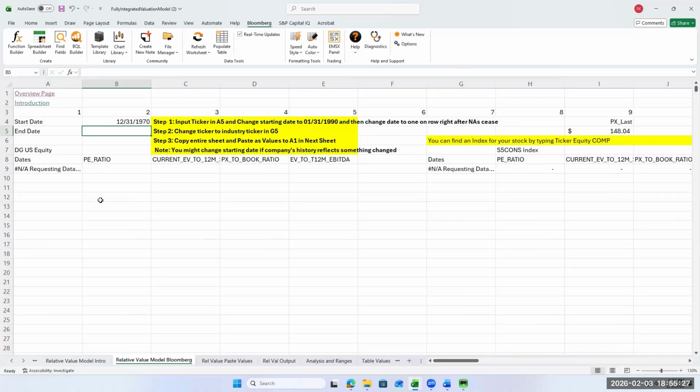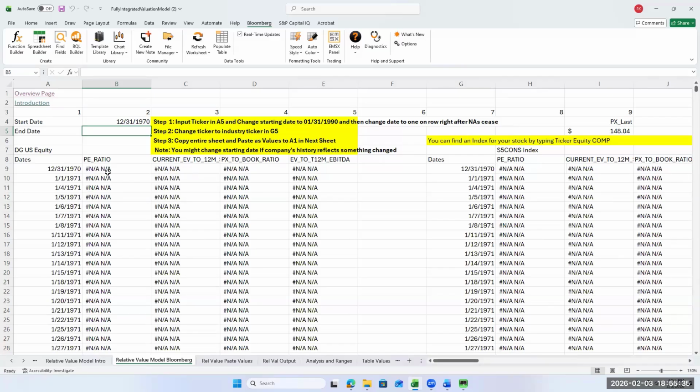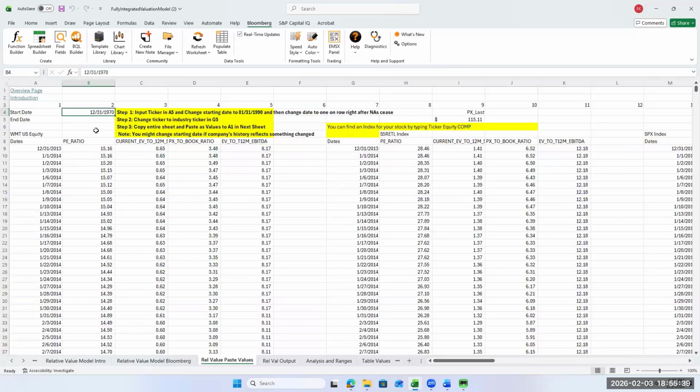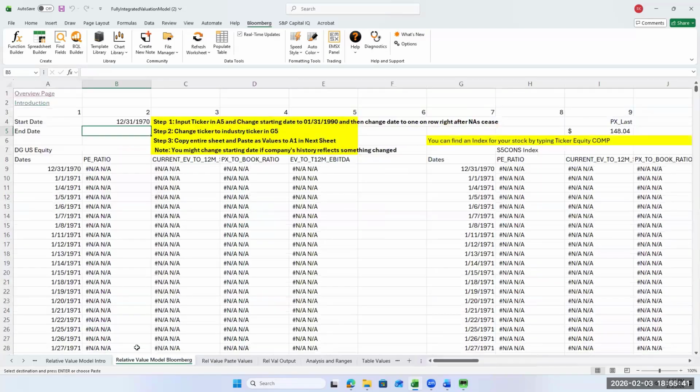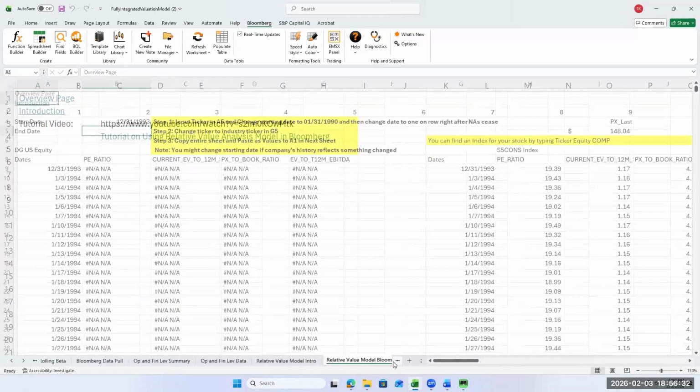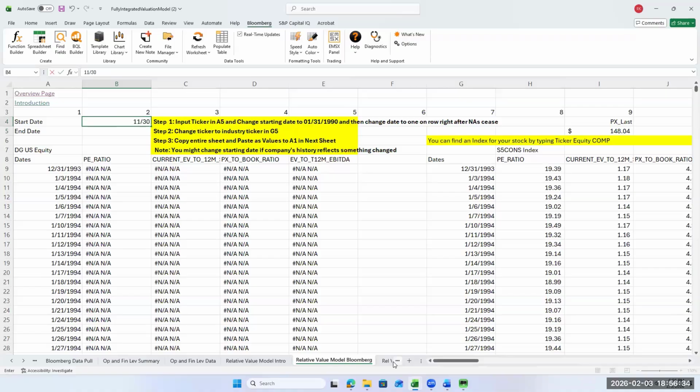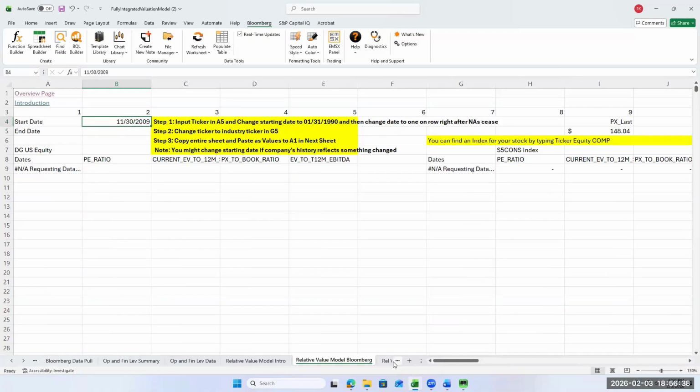You can certainly do that and see how far back it will go. So a lot of NAs. All right, so it brings your data in.